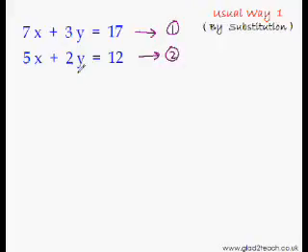What we have to do is find the value of y from this equation and substitute it into the other equation, and this way we would eliminate y. So 5x plus 2y equals 12. This means 2y equals 12 minus 5x.